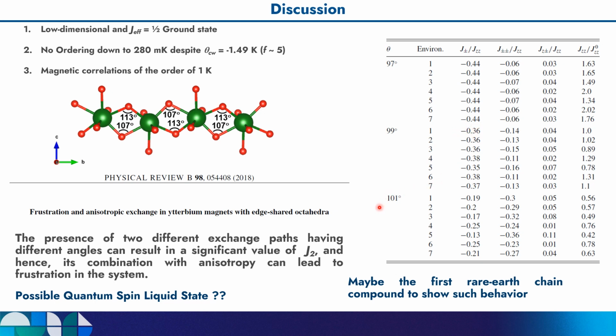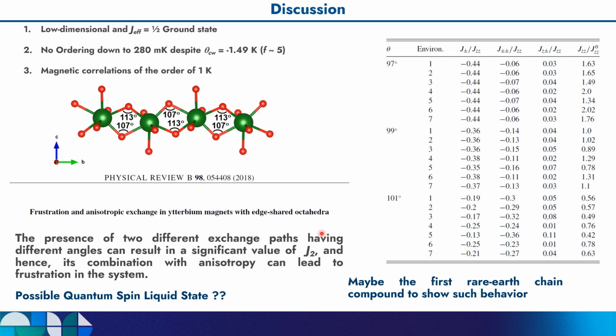But if you go for the 101 degree chains with seven ligands, the value is almost half. This ratio becomes almost half, which means this change in the bond angle is playing a crucial role in determining these values. This is very intriguing, that this small change in bond angle can result in such a huge change in the ratio.